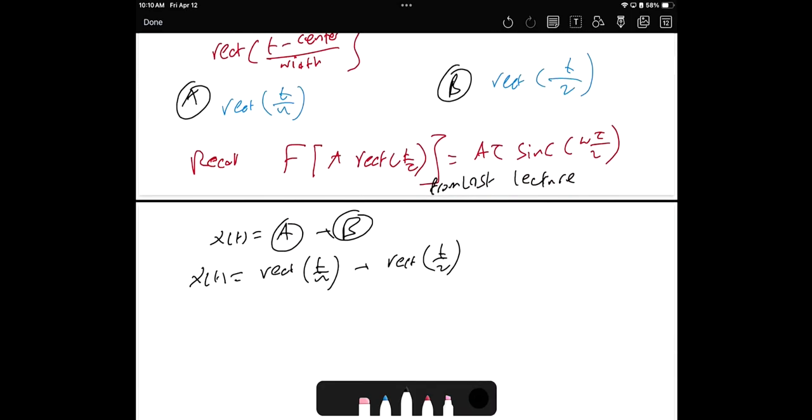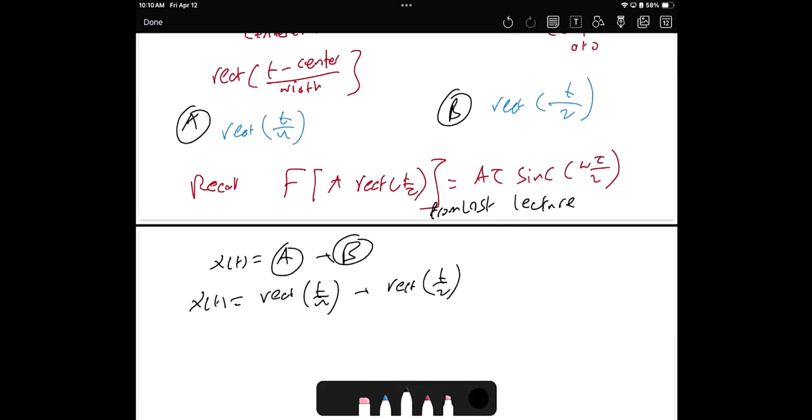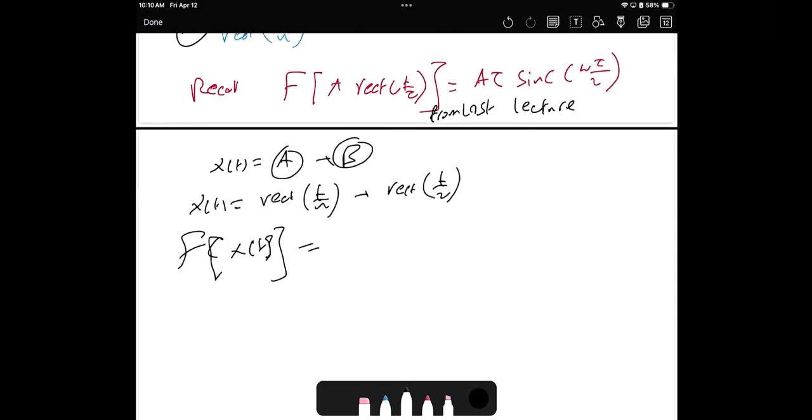Okay. Then, according to the analysis, we will find the Fourier transform of x of t, which is the Fourier transform of the first rect plus the Fourier transform of the second rect. The first one will be A, the Fourier transform of rect of t over 4, then plus the Fourier transform of the second rect, t over 2.